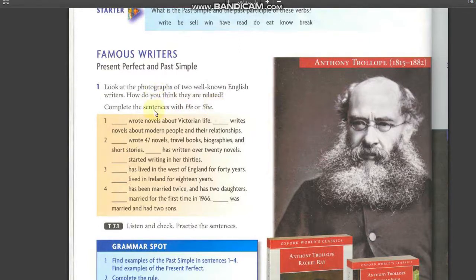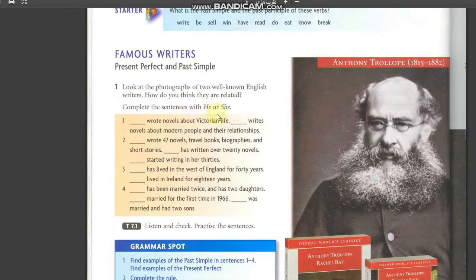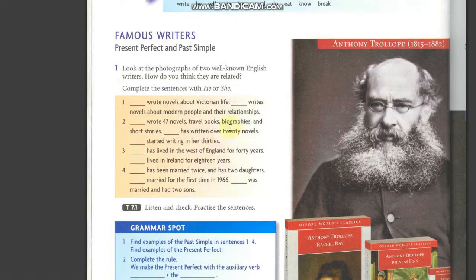How do you think they are related? Complete the sentences with he or she. Number 1. He wrote novels about Victorian life. She writes novels about modern people and their relationships.